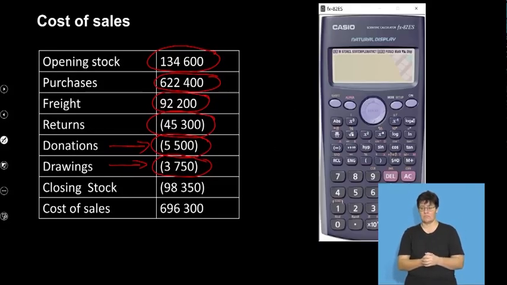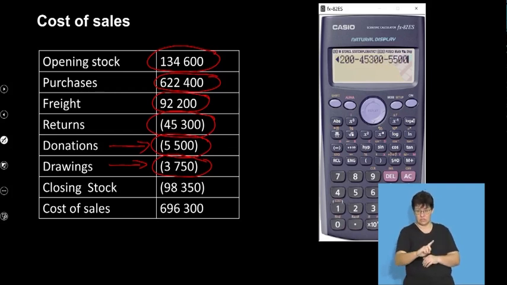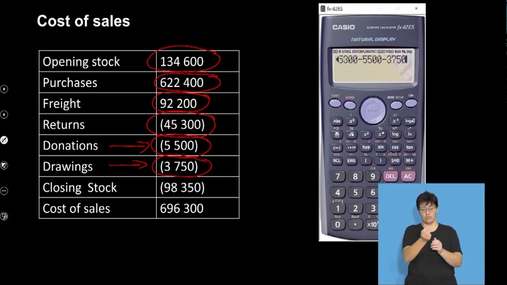We'll take our purchases figure of 622,400, right? Plus the freight of 92,200, right? Minus my return of 45,300, minus my donation of 5,500, minus my drawings of 3,750, and this will then give me a figure of 660,050.